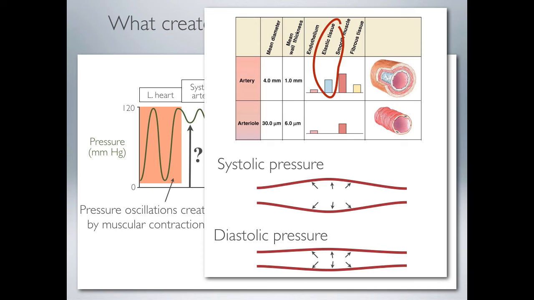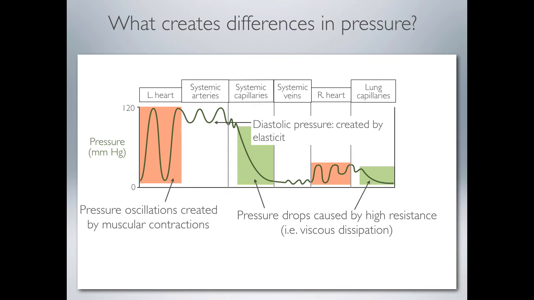As you inflate a water balloon, the internal pressure of the water in that balloon is generated by the tension in the walls of that balloon. It's because of this elasticity and water balloon-like property that even during diastole, we have an elevated pressure.